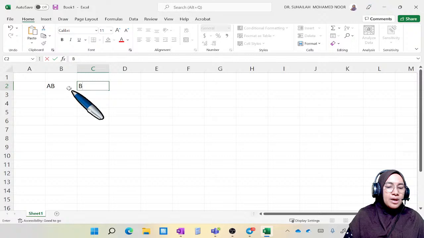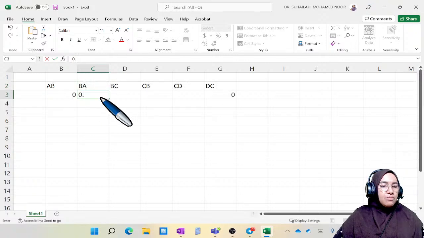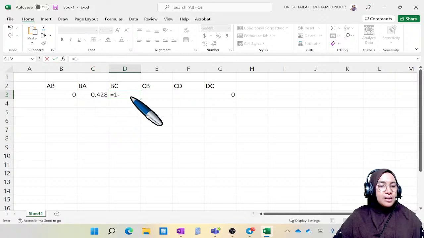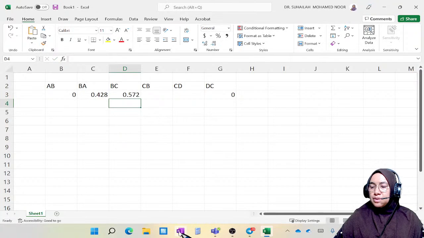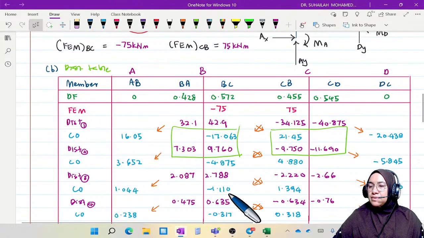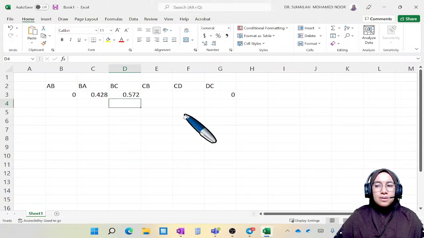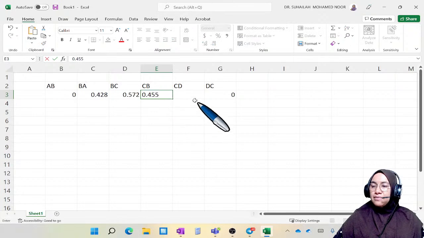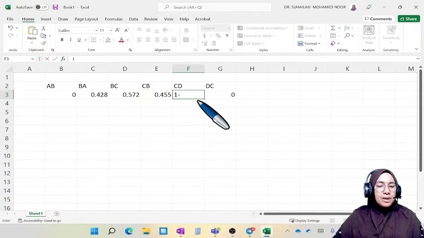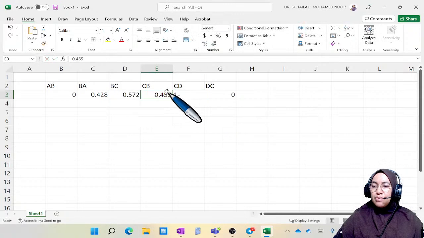The factor is 0, 0. This is 0.428. This is 1 minus this, 0.572. And this is 0.455, so we get 1 minus 0.455.